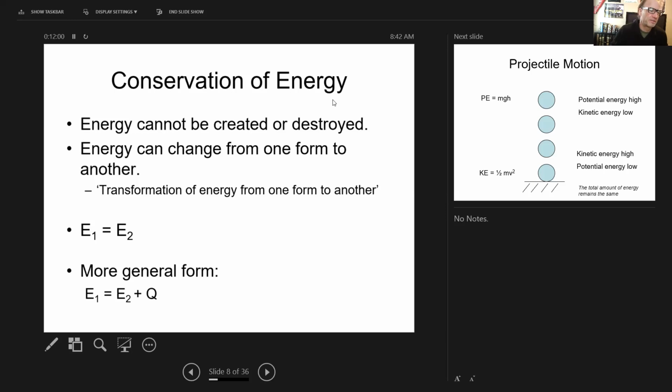As we start exercising, we transform glucose and fats to mechanical energy ultimately, but it's not 100% efficient. We're not transforming all the energy from glucose and fats to mechanical energy. And that's where we heat up during exercise. We get warmer and then we sweat and what have you.